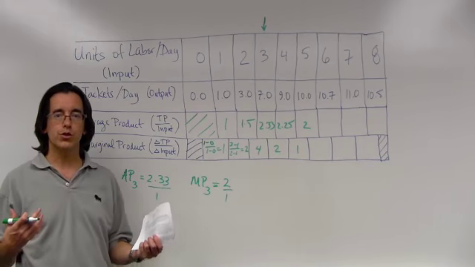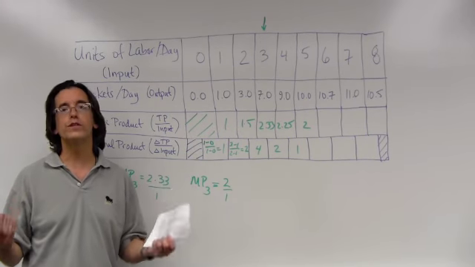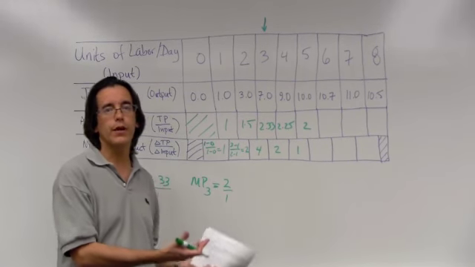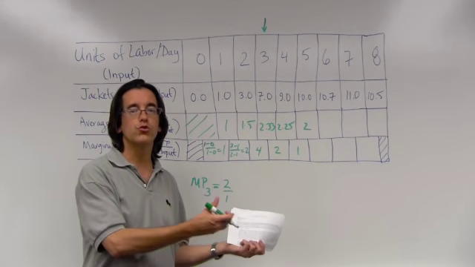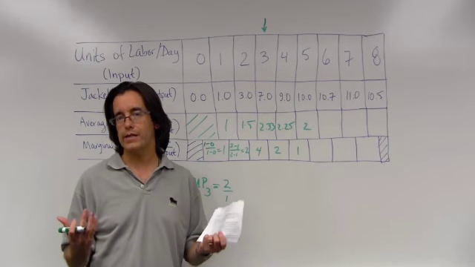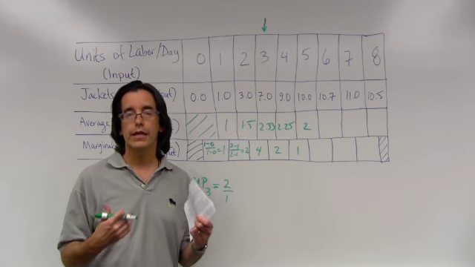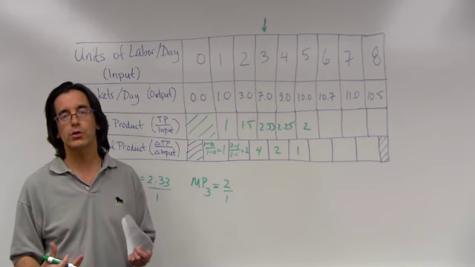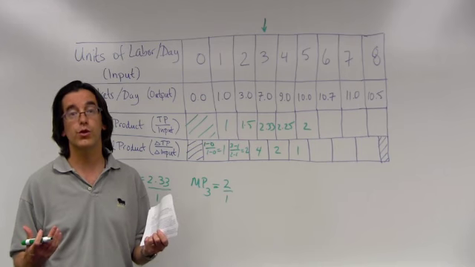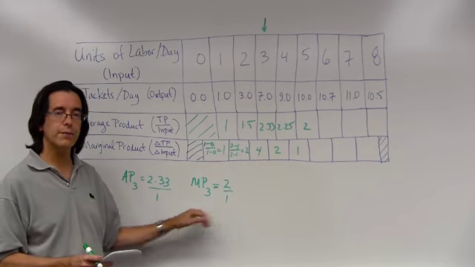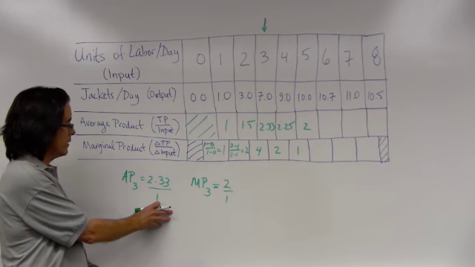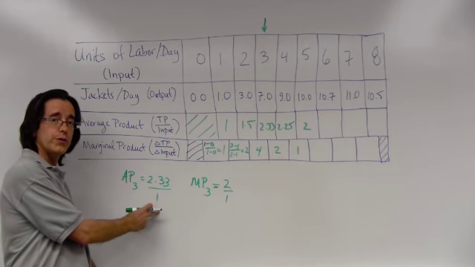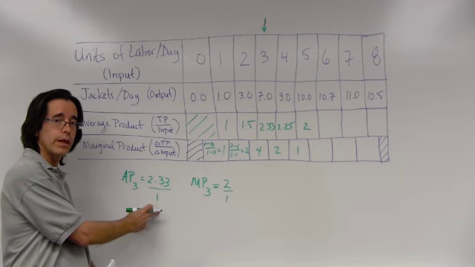Well, think of it in terms of your quiz average and your next quiz. You have a certain quiz average. If you take another quiz and your score is greater than the average, you would expect your quiz average to go up. If your next quiz is lower than your quiz average, you would expect your quiz average to go down. We could use the same idea here. At this point, our quiz average, our average product, is 2.33 jackets per unit of labor.